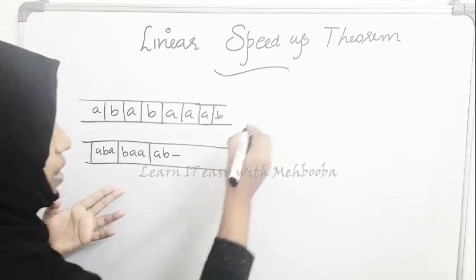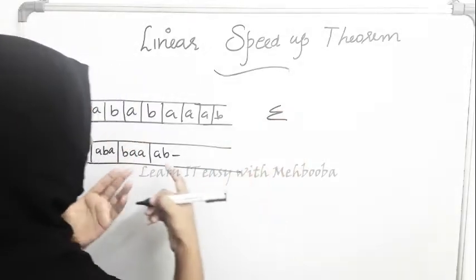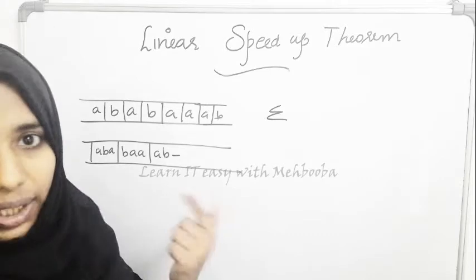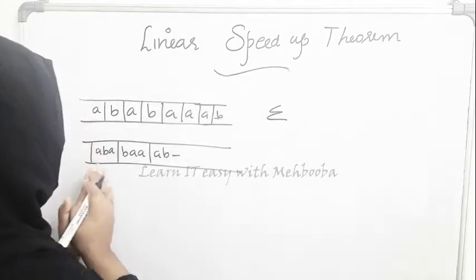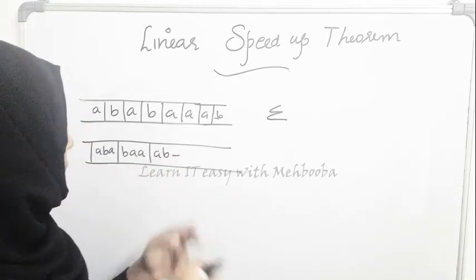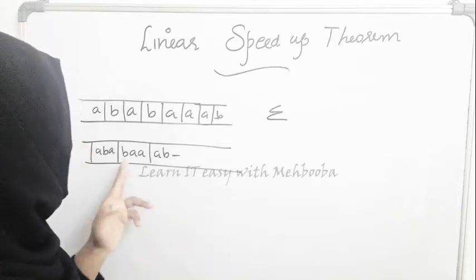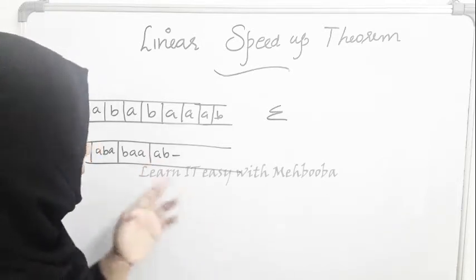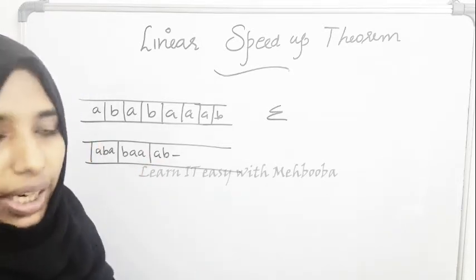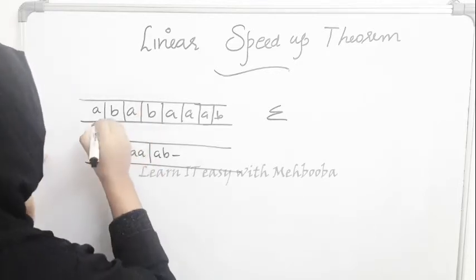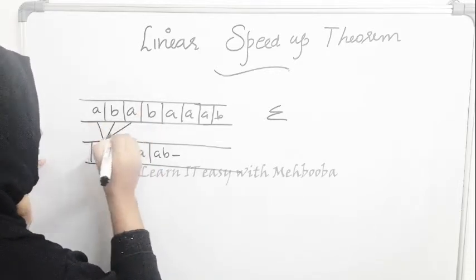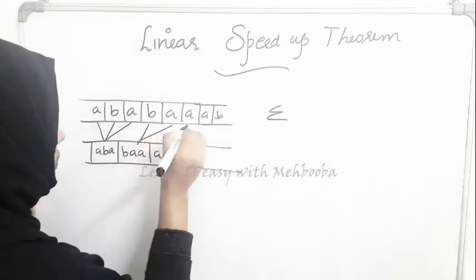So if sigma is the alphabet here, the alphabet should be increased, isn't it? Because now ABA behaves like a single character, BAA behaves like a single character, and AB behaves like a single character, because we have condensed these characters into single characters.